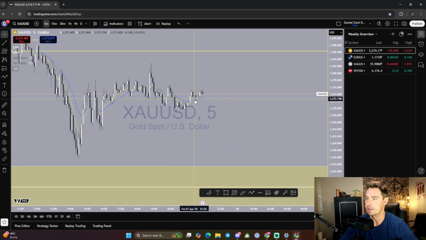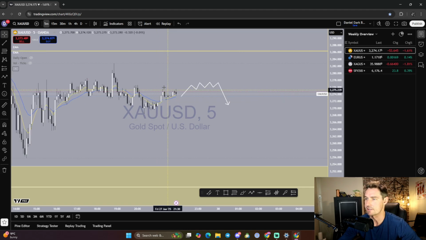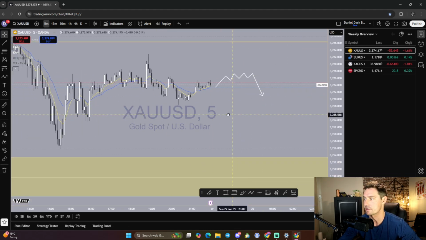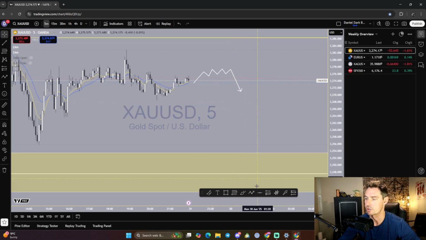Currently, the same EMAs are crossed bullishly. So I would like to see price come up a little bit like this, maybe consolidate, and then we get a break to the downside. That break to the downside is going to cause these EMAs to cross over bearishly, and that's going to be a really nice indication to go short, because I really like short here since the momentum on the 1 hour is so bearish.